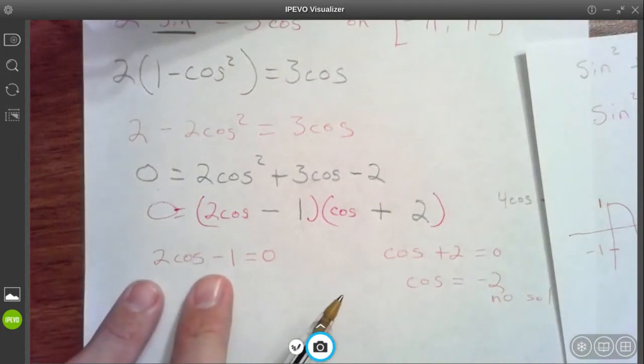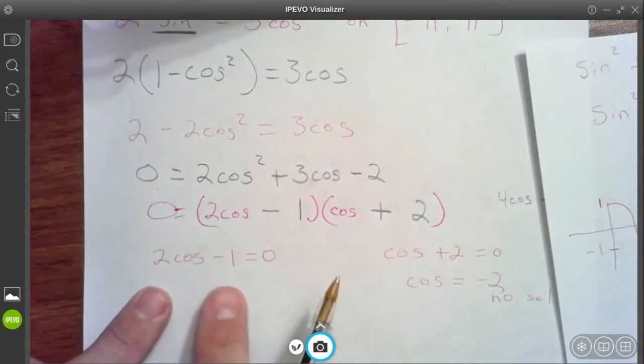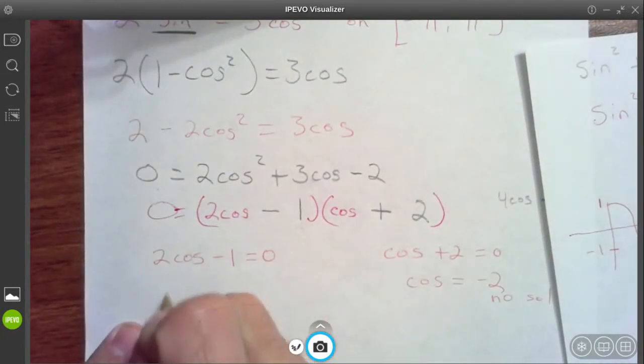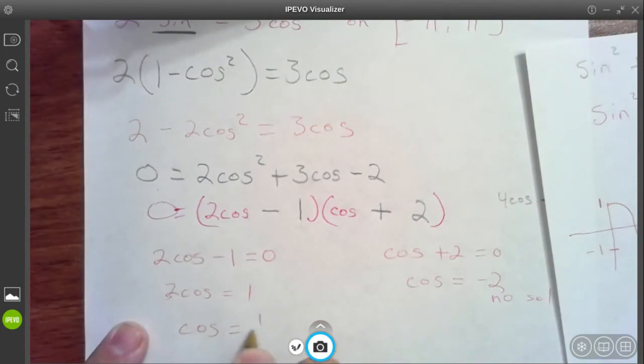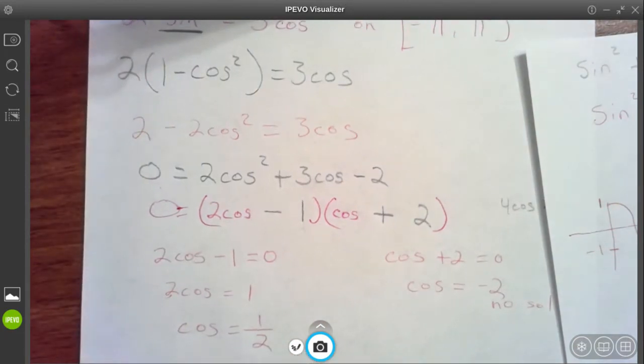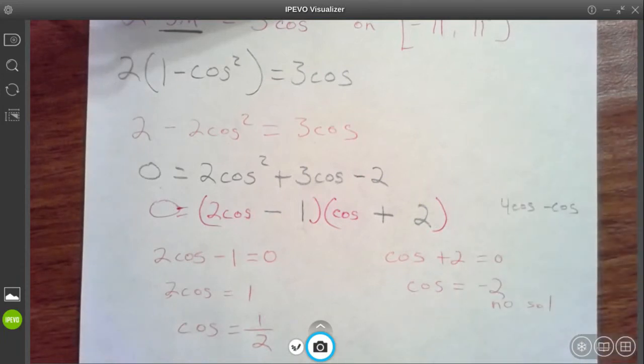For this one, though, we're going to have 2 solutions. So plus 1 to both sides. We're going to get 2 cosine equals 1. And then divide by 2. We'll get cosine is equal to 1/2. Cosine equals 1/2. That's going to happen.